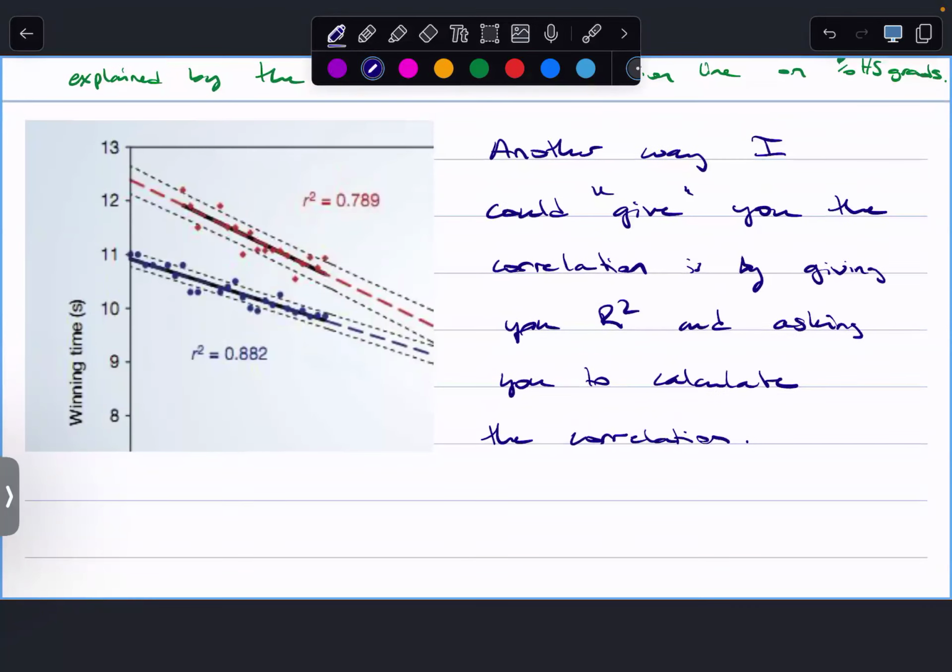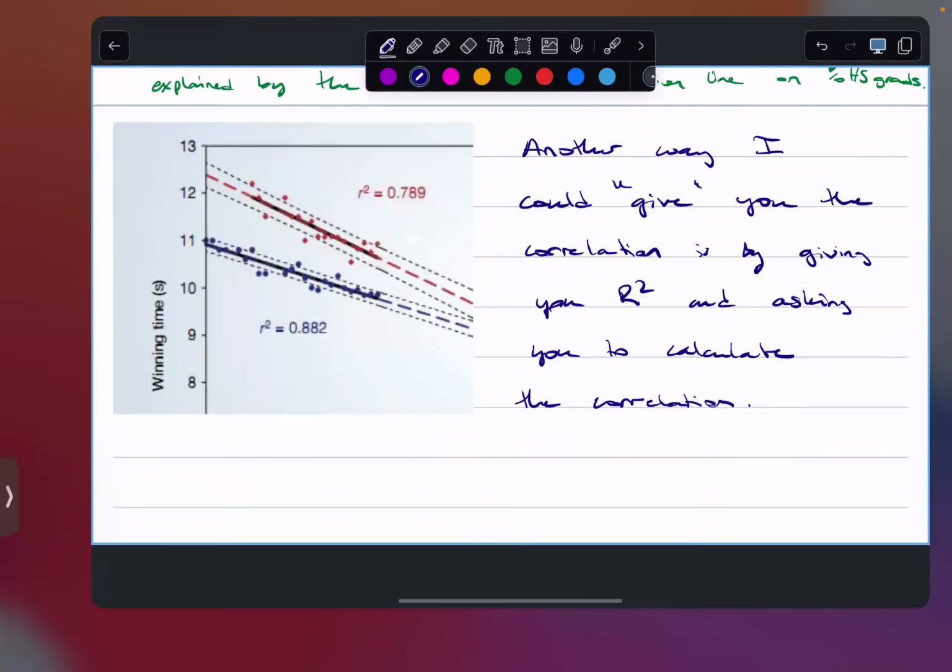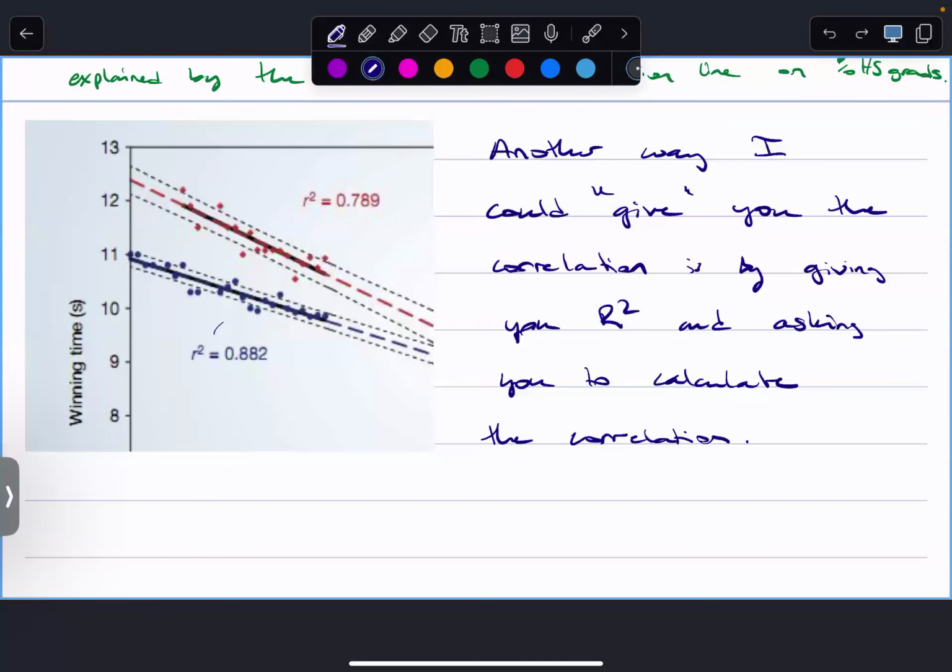What would it look like in this case? Let's focus on this higher R squared. Let's use this one.